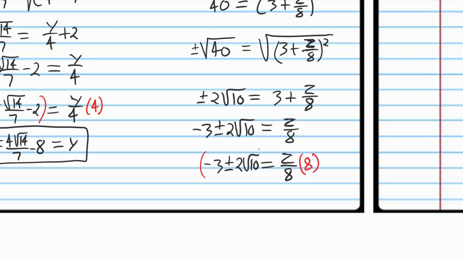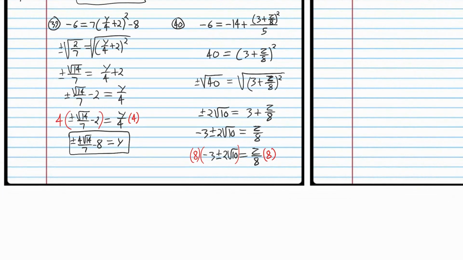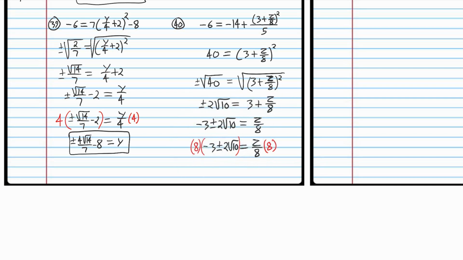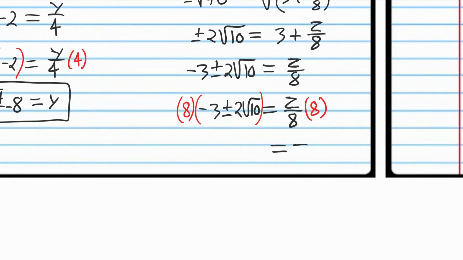I have to multiply everything by 8 on the left side of the equation. And I'm going to see if I can save some room here. Our final answer is going to be negative 24 plus or minus 16 root 10.